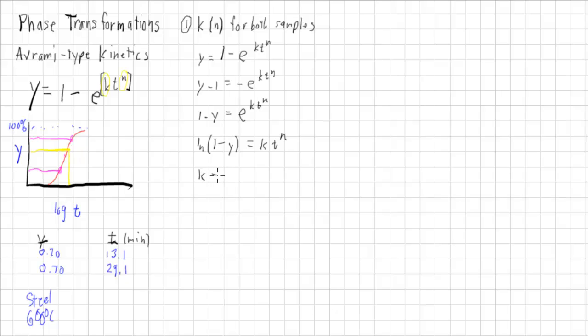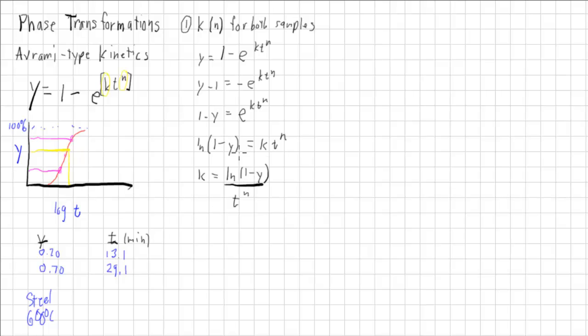k equals natural log of 1 minus y, then I divide that by t to the n. And this is applicable for both of these samples.